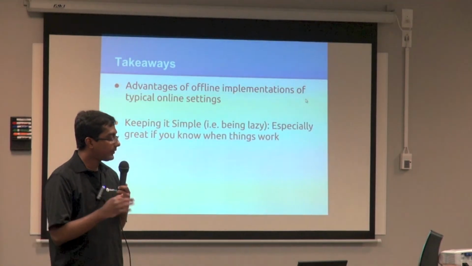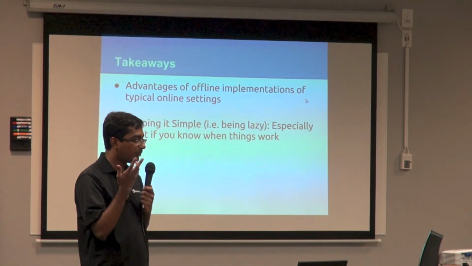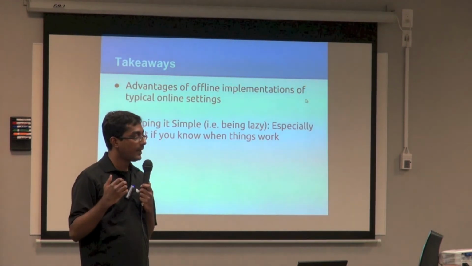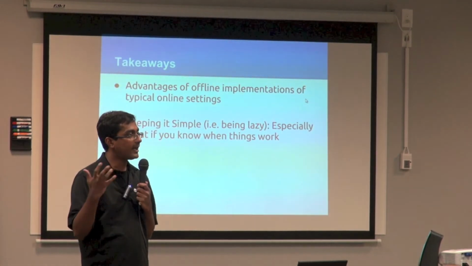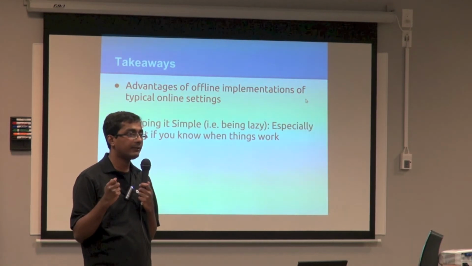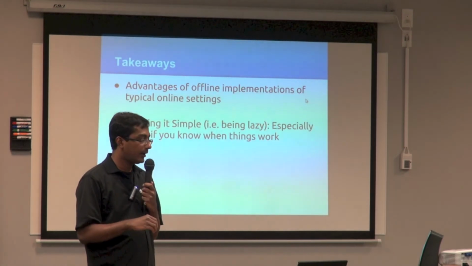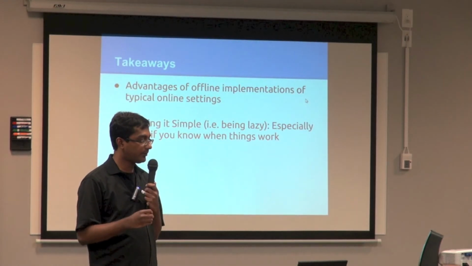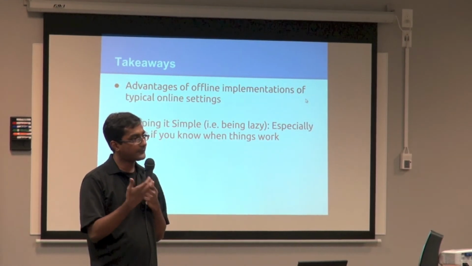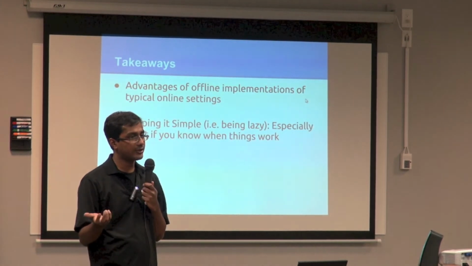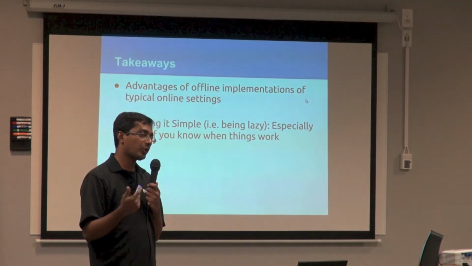Even if you didn't follow all of it, a couple of major takeaways, even going beyond recommendations: you can always ask what the advantages are of thinking of problems from an offline standpoint as opposed to always online. As I previously said, people do recommendations offline as well, but we can think of search results. Would you show the exact same search results if I could pre-compute all of them?